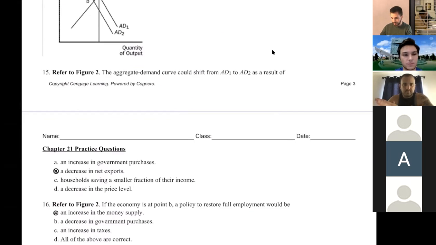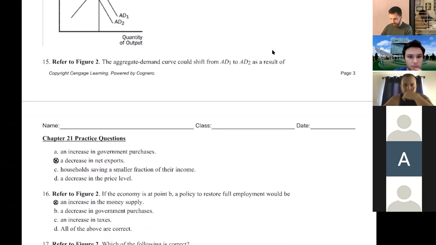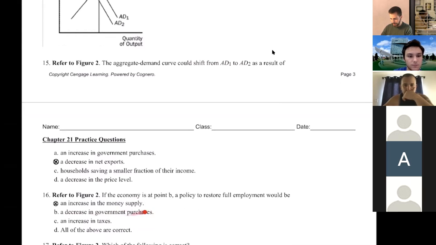Just think of increased money supply as basically trying to get out of this recession. Aggregate demand will make the people spend more, and you'll go back to full employment. A decrease in government purchases would not be expansionary, it would actually be contractionary, which means it would go down. Increase in taxes too.